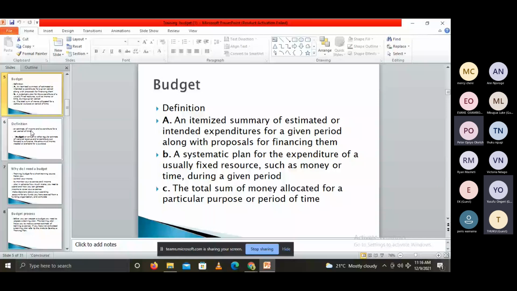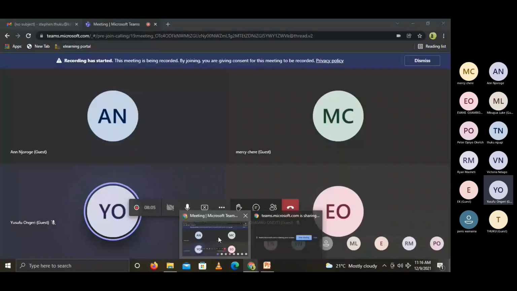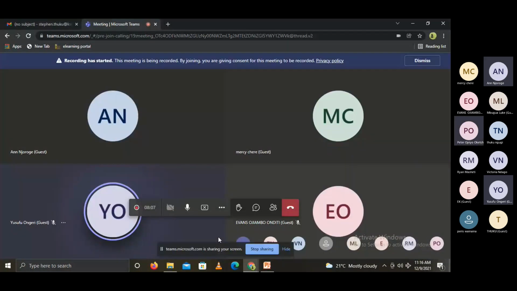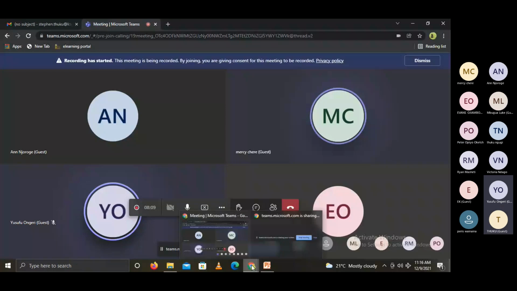So we are from different ministries. Do you have one ministry that has more people than the others? Or we are equally represented? Equally represented, sir.